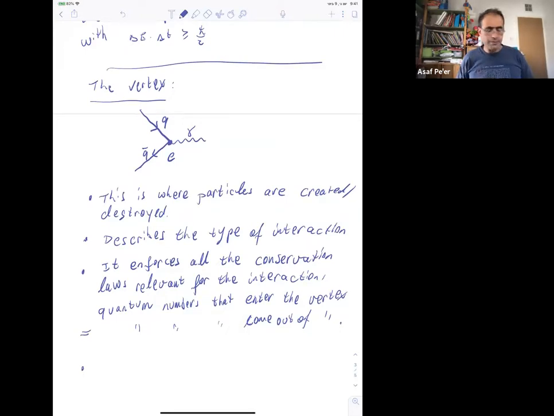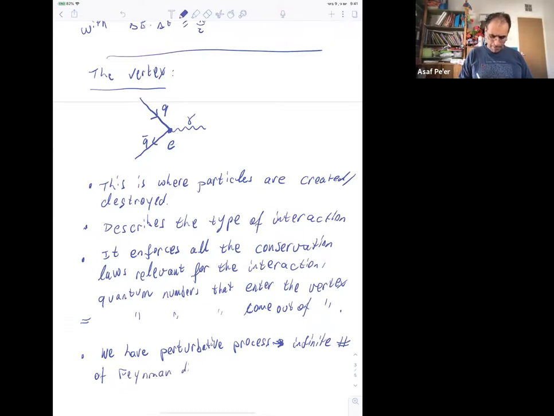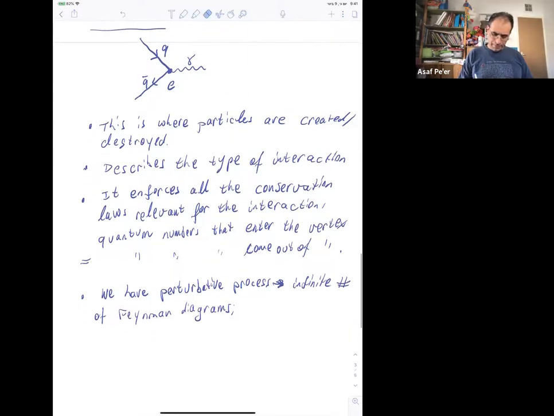The order of a diagram is the number of vertices that it contains.